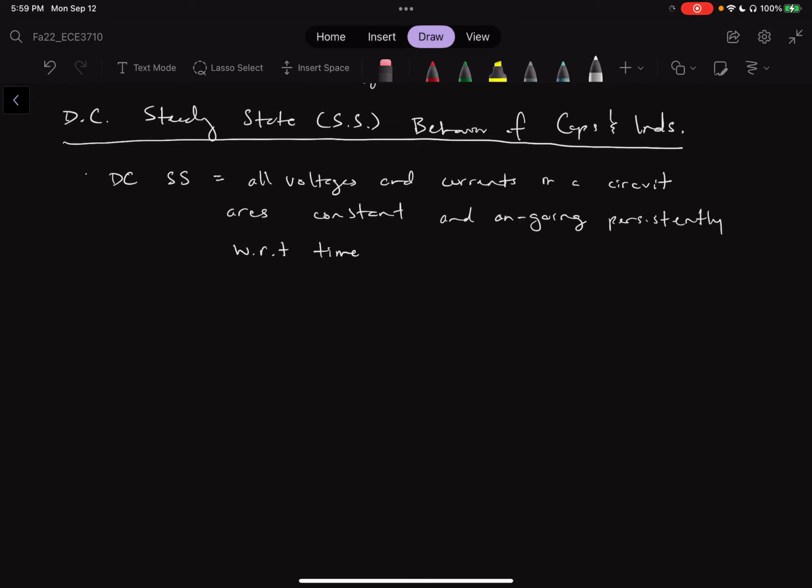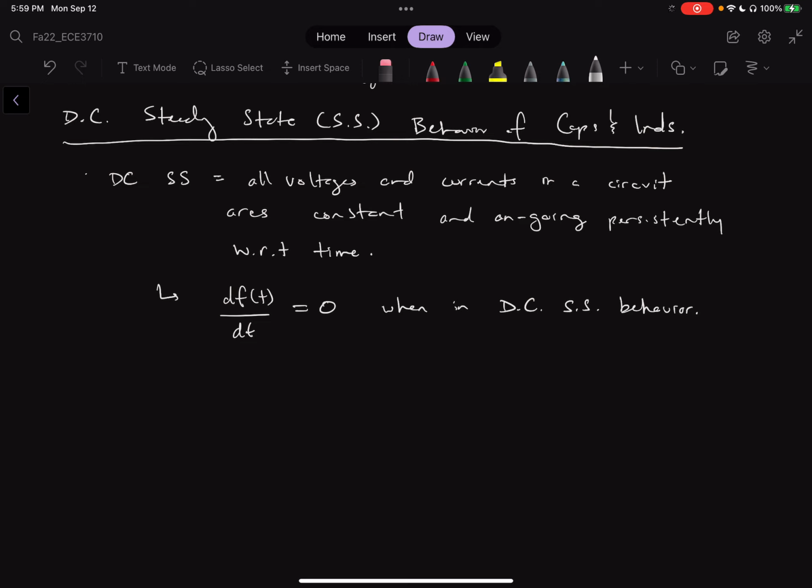In other words, what does that mean? To be very specific, the derivative of any function with respect to time is equal to 0 when in DC steady state behavior.